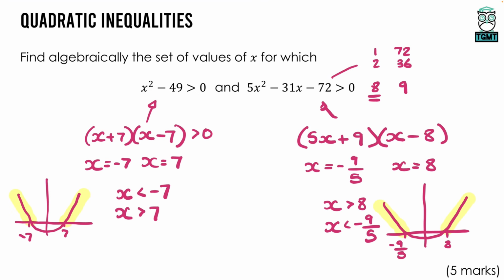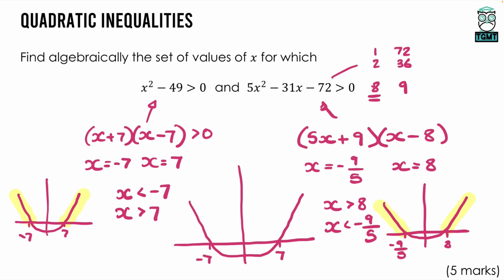But we have two at the same time, and we want a set of values which satisfies both of them. Now, if you were to draw this on a graphing calculator, you would see that they sort of overlap a bit. The first one, and I'm not going to be able to draw this perfectly, but the first one would be minus 7 and 7.